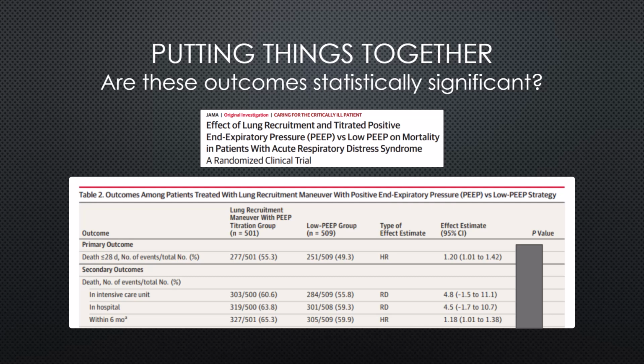Are they difference statistics or ratio statistics? Looking at this table, we see the type of effect estimate. HR, hazard ratio. RD, risk difference. So we have both ratio and difference here, so we have two ways to look at our statistical significance. I'm going to let you go from there and see if you get them right.